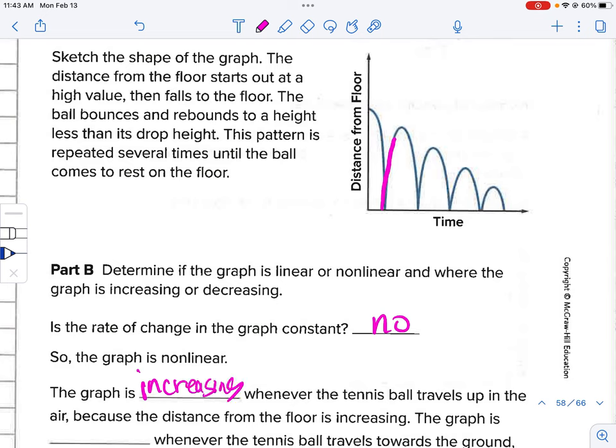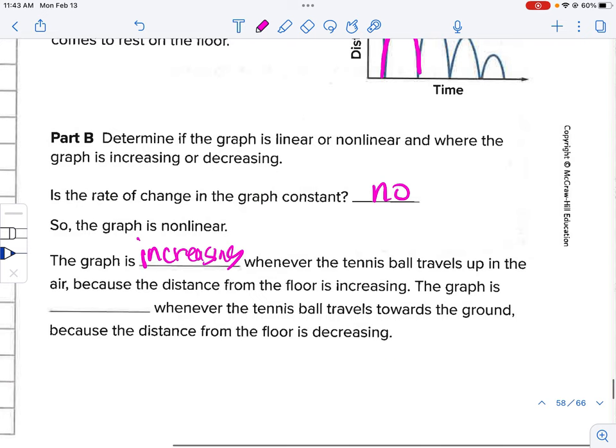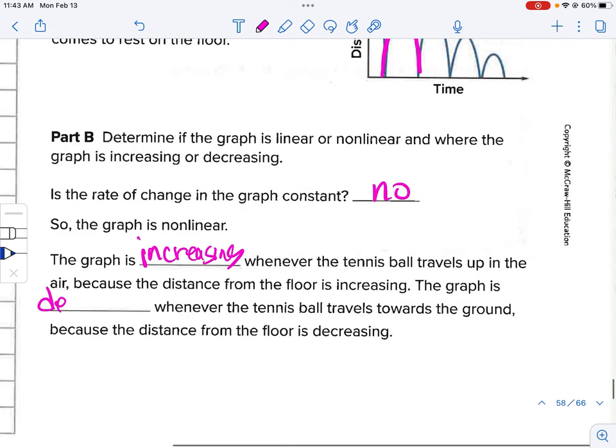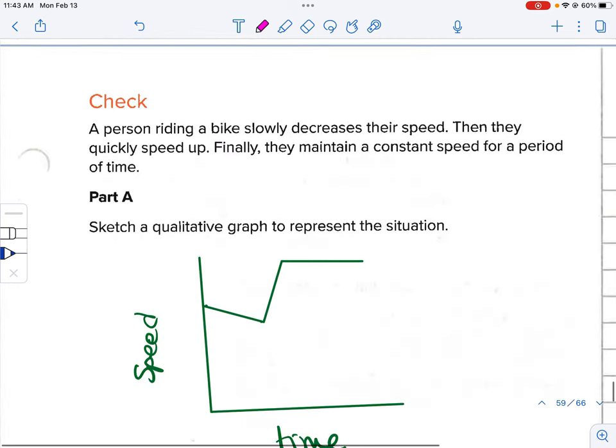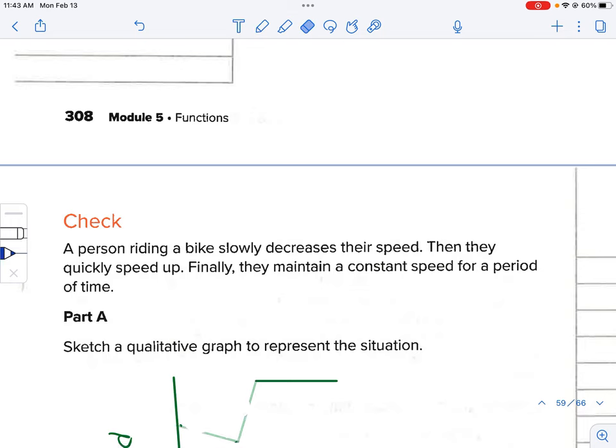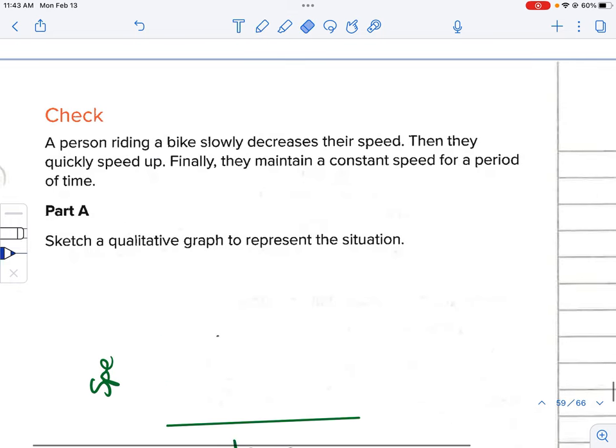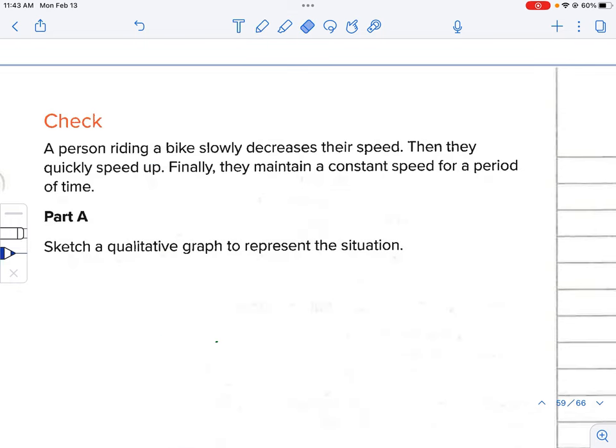Okay? The graph is what when it's coming down? It is decreasing, because the distance from the floor is decreasing. It also helps if I didn't put the answers for this one.